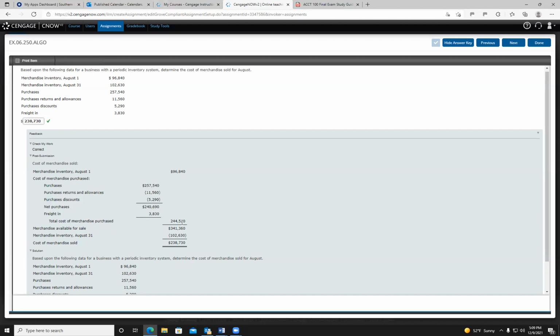The next part is you're going to take that total cost of merchandise purchased and add it to your beginning inventory balance. You see up here that gives you a beginning inventory and an ending inventory. We take the total cost of merchandise purchased that we just calculated and add it to our beginning inventory balance.